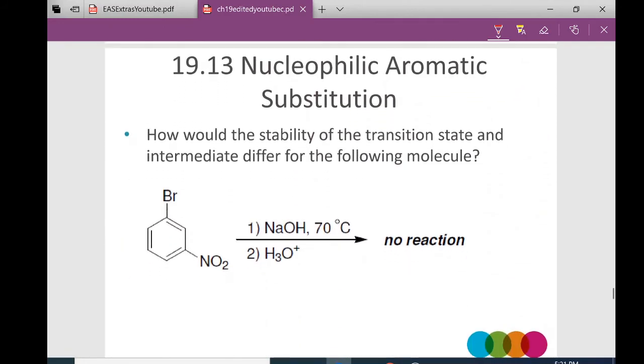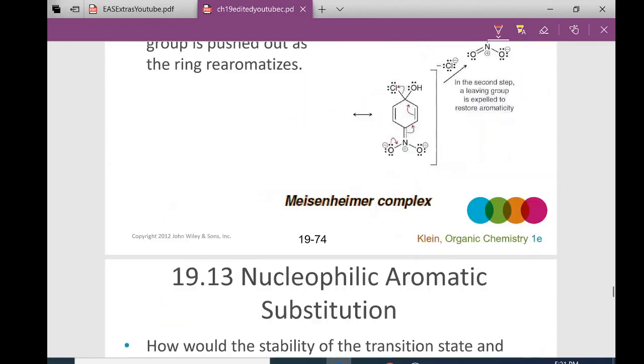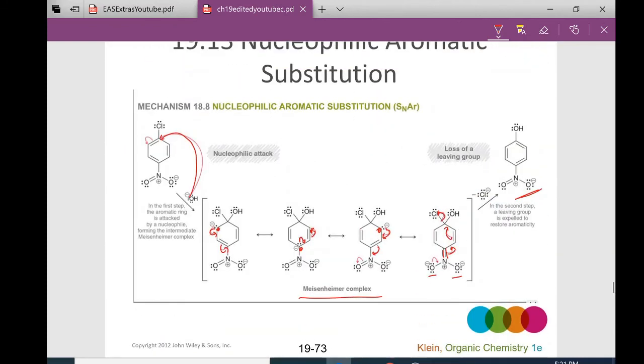So this one, in fact, wouldn't work at all because our bromine is meta to the nitro group. And notice that in our Meisenheimer complex, we don't have that negative charge stabilized by the nitro group at the meta position. Only at the ortho and para positions is that negative charge stabilized.